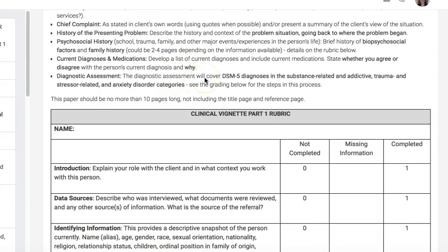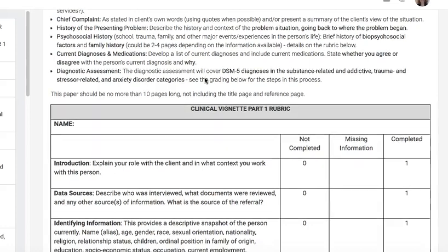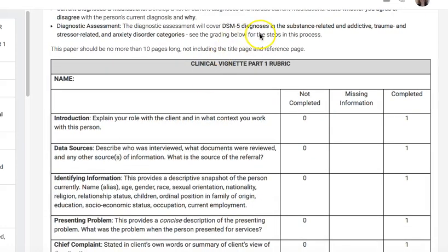And then you're finally going to use a diagnostic assessment looking at whether or not the person has any history of substance-related or addictive conditions, trauma and stressor-related conditions, and anxiety disorders.